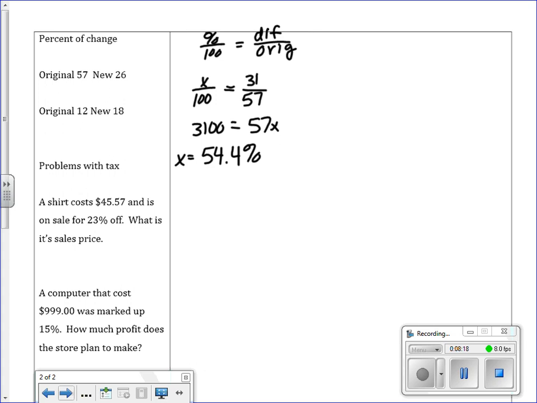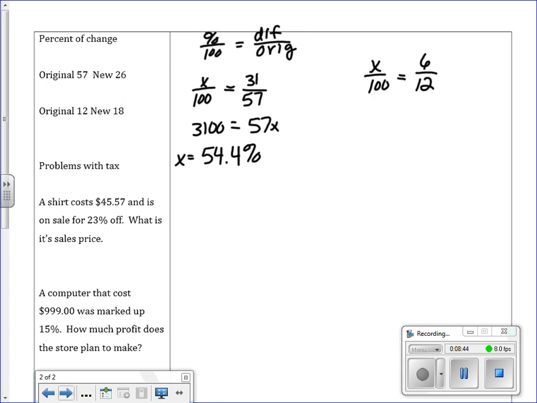The next one, I have the original of 12, the new 18. Going back real quickly, that was a 54.4% decrease. Okay. The next one we're dealing with an increase, starts at 12 up to 18. So I have x over 100 equals 6, that's the difference in the two numbers, all over the original, which is 12.